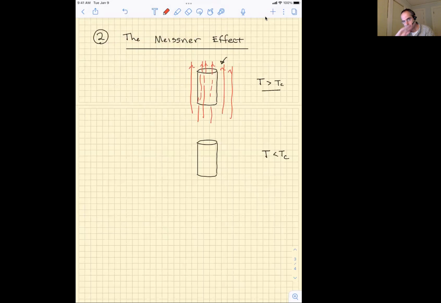So the magnetic field will penetrate through the material, as you might expect for any normal conductor, okay?